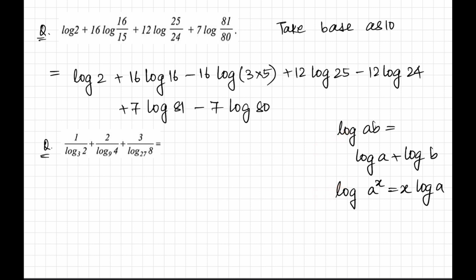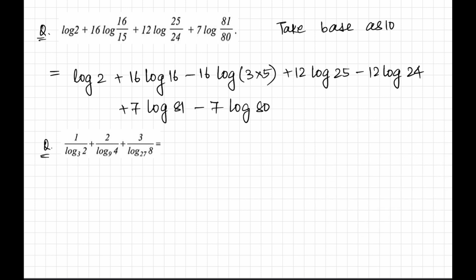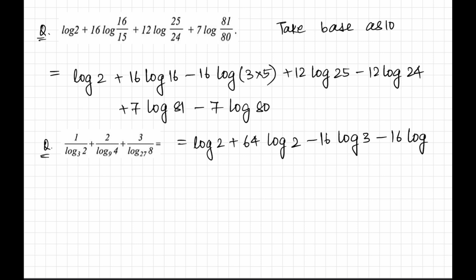तो अगर हम इन properties को apply करें, so what we have is log 2 plus, now 16 can be written as 2 raised to 4 and 4 will come out of the argument in front of the log, and therefore we have plus 64 log 2 minus 16 log 3 minus 16 log 5, because log a into b is basically log a plus log b, and due to this minus sign we have minus sign at these places.